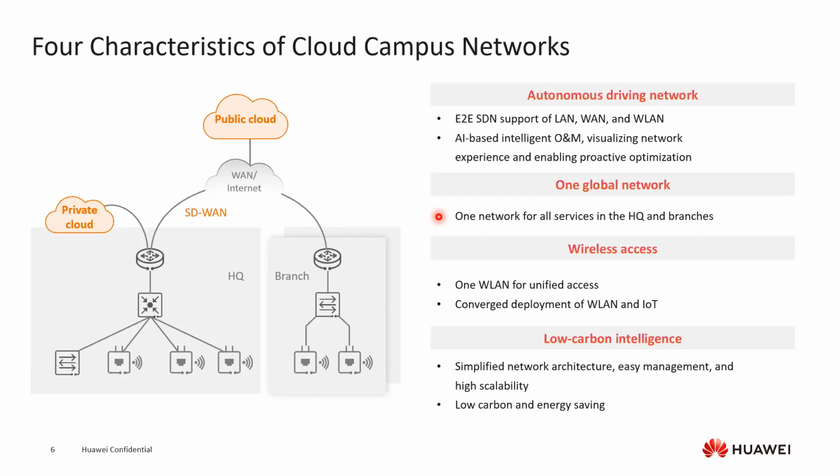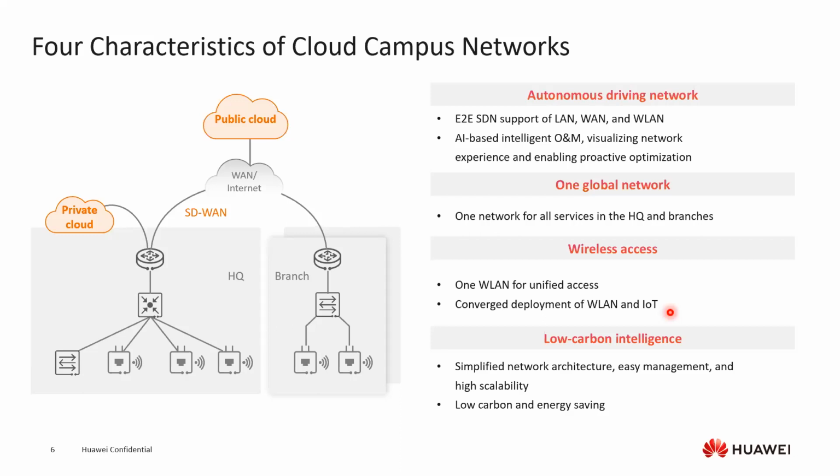A growing number of IoT terminals are accessing campus networks. These IoT terminals usually require a network for data backhaul. Traditional backhaul networks are deployed independently of the campus networks, which increases cost and complicates management and O&M. Converged deployment of WLAN and IoT not only simplifies the network, but also improves network management and O&M, and provides better efficiency.